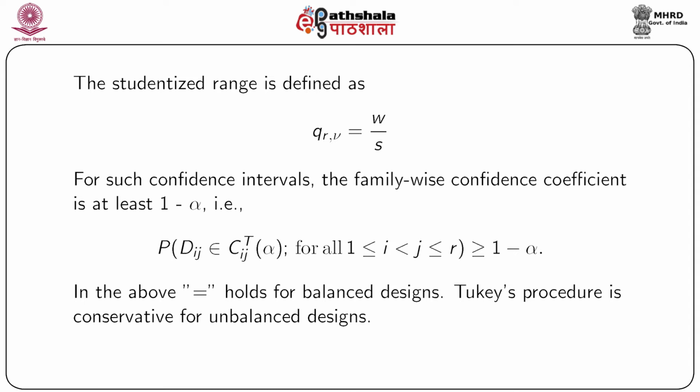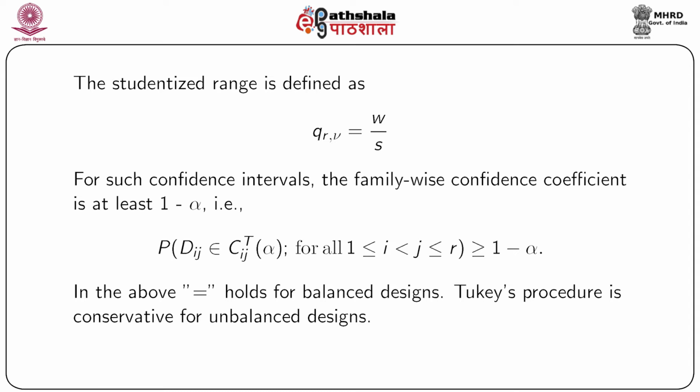Let W be the range for this set, that is the maximum minus the minimum. Now suppose that we have an estimate S square of the variance sigma square, which is based on nu degrees of freedom and is independent of the responses yi. The studentized range is defined as Q(r, nu) equals W over S.